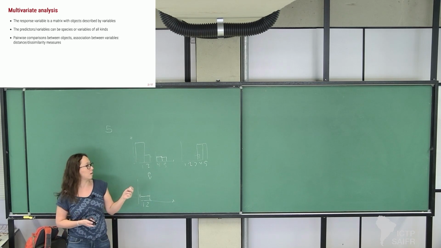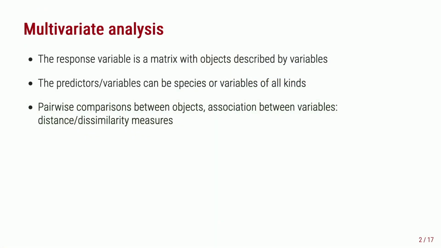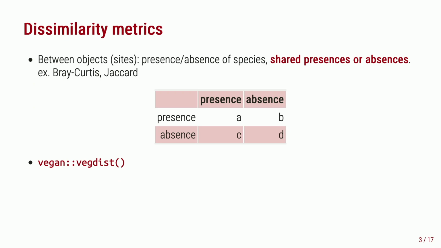I will come back to this. Between objects, that means between sites, most of the distances that have been worked out are in terms of shared presences or absences. It's basically a confusion matrix where you can have species that are in both sites, species that are in one site but lacking in the other, and species that are missing from both sites.